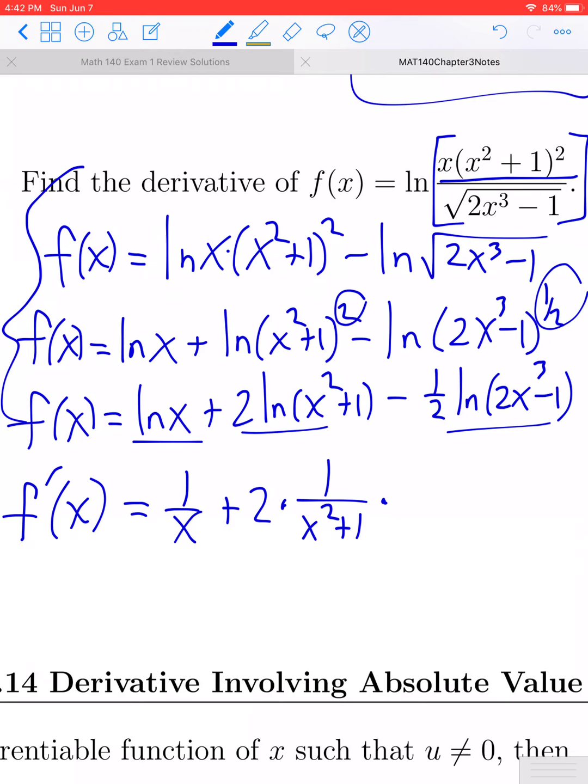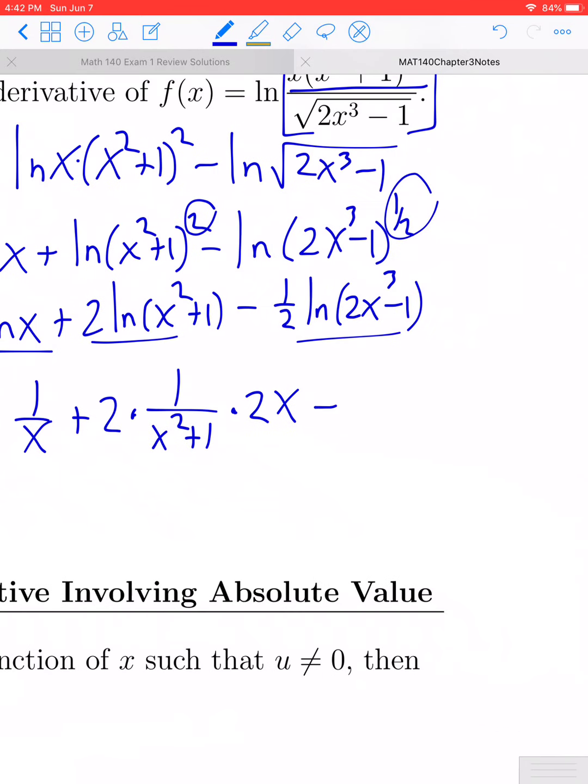The derivative of x squared plus 1 is 2x. Leave the constant multiple alone, so we have minus 1/2 times the derivative of this ln, which is 1 over the stuff on the inside times the derivative of the inside. The derivative of 2x cubed minus 1 would be 6x squared.